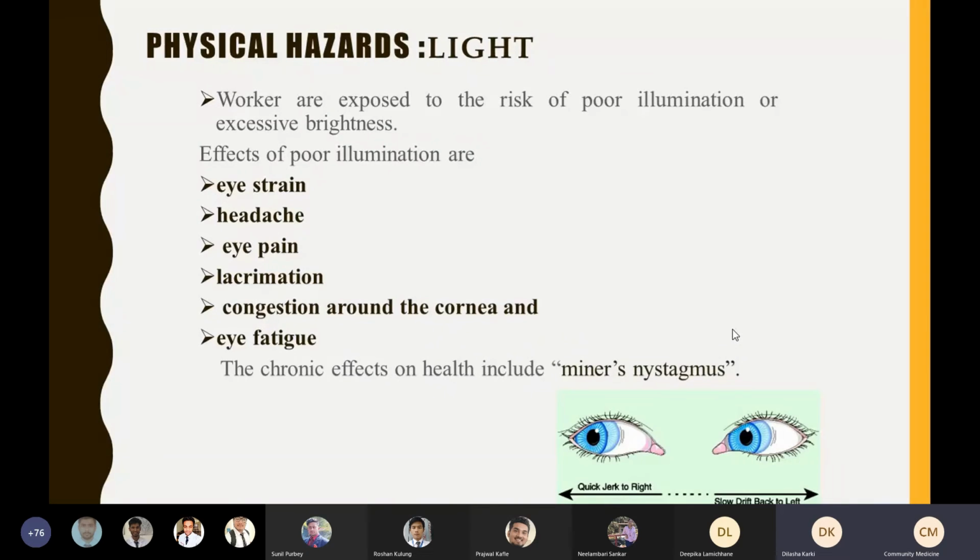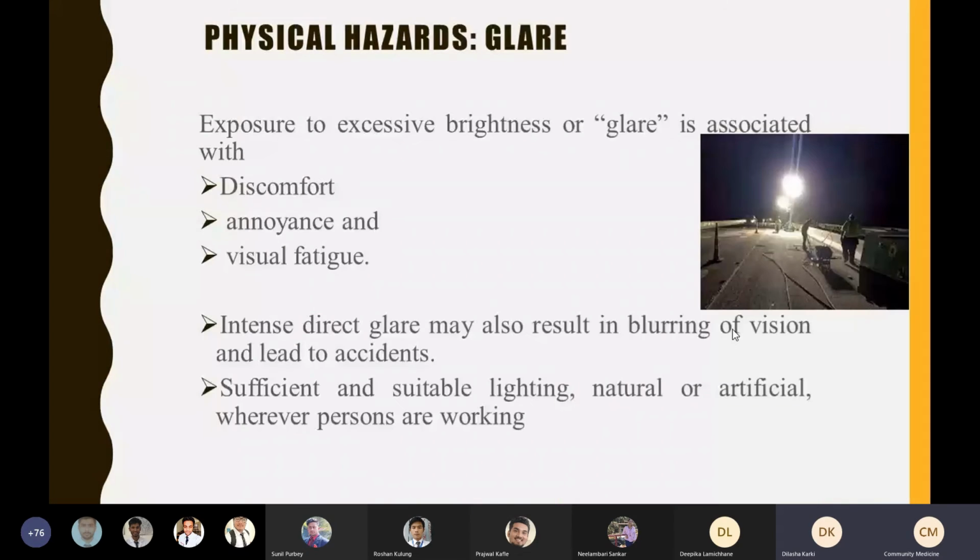Now another is glare. So I hope all of you know what is glare. Usually we face glare in the traffic at night time, isn't it? So there will be excessive brightness, that is what is known as glare. When there is excessive glare, the main problem is discomfort in seeing, irritation, and visual fatigue can occur.